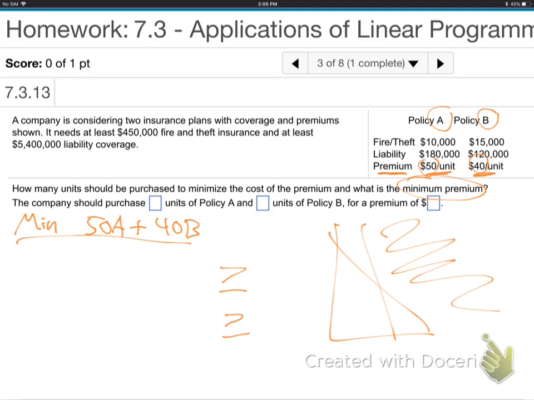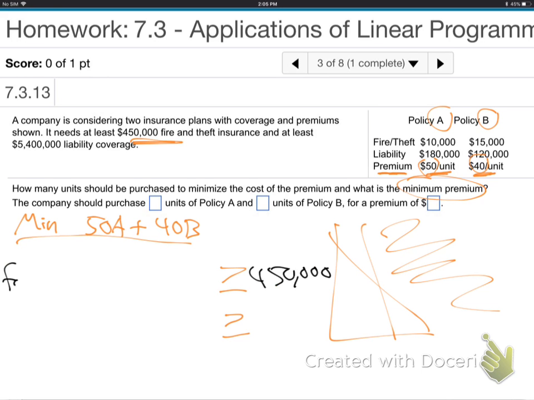So see the first statement, everybody? It needs at least $450,000 fire. See how I'm finding that in the words? I'm just going up to the words here. $450,000 fire. So I'm going to write 450,000 fire.